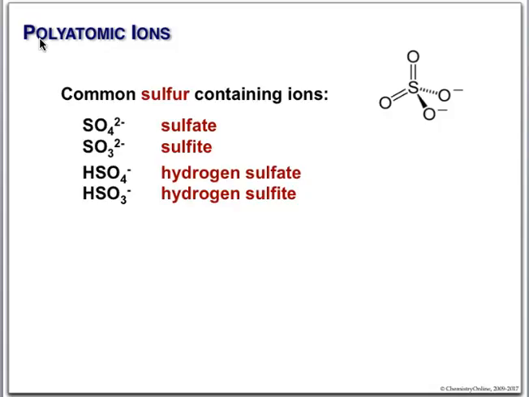Hydrogen goes on as H+, so it will neutralize this, and you will form hydrogen sulfate. That's this right here. We write it HSO4, and since we put a positive hydrogen on it, a +1, our charge drops from -2 down to -1.